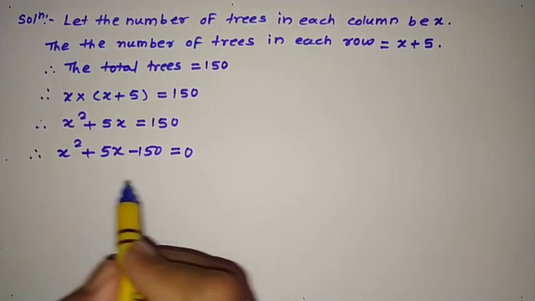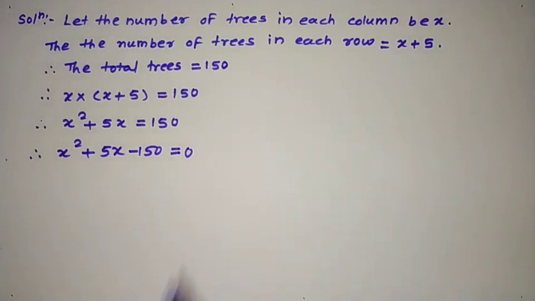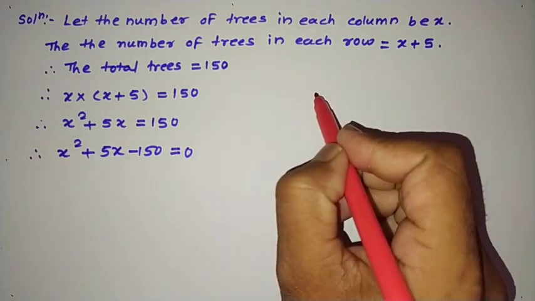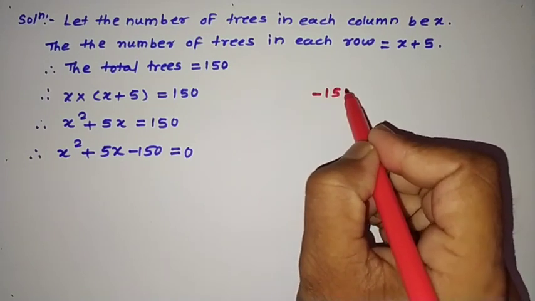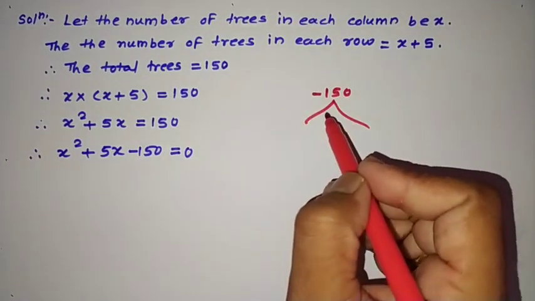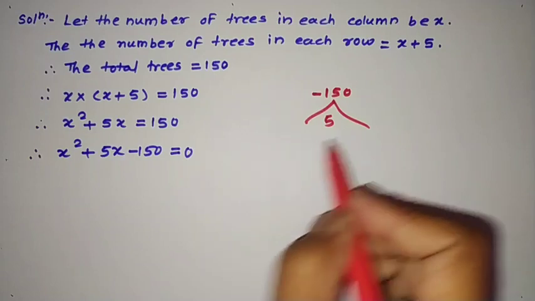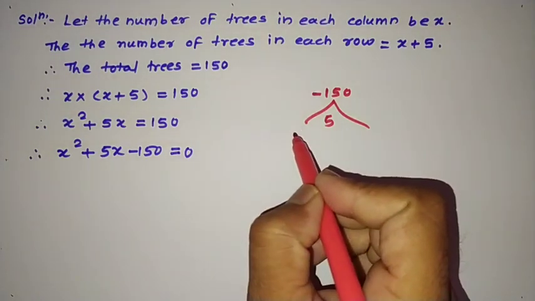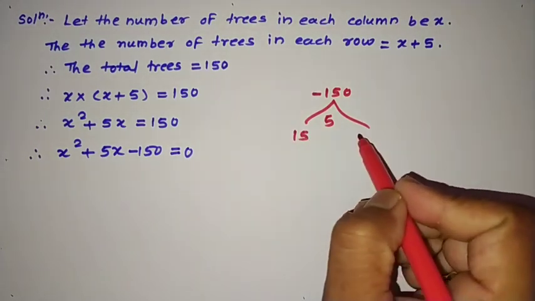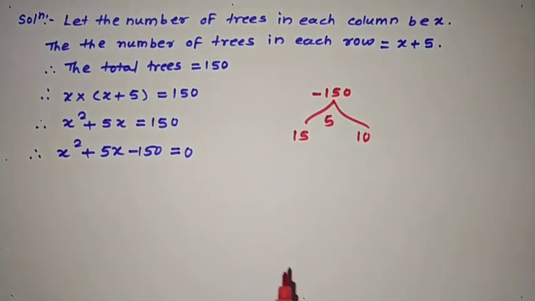Solve this quadratic equation using the factorization method. Find the two factors of minus 150 whose sum is 5. 15 tens are 150.